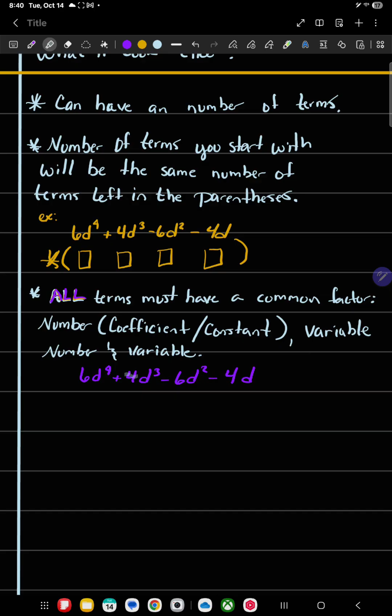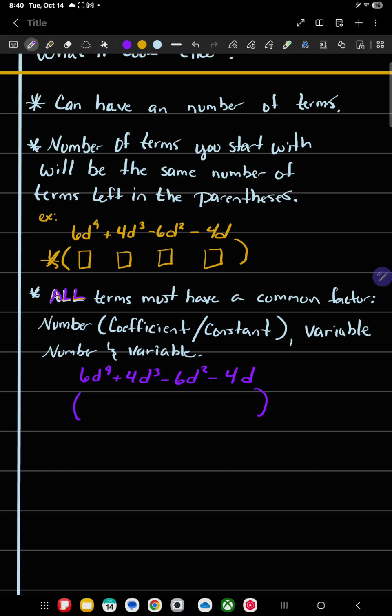All these are divisible by 2. A 2 will go into all these. That's the largest number they have in common. So they are common in number. So as soon as we know they're common in number, you can go ahead and draw your parentheses. You can do greatest common factor.